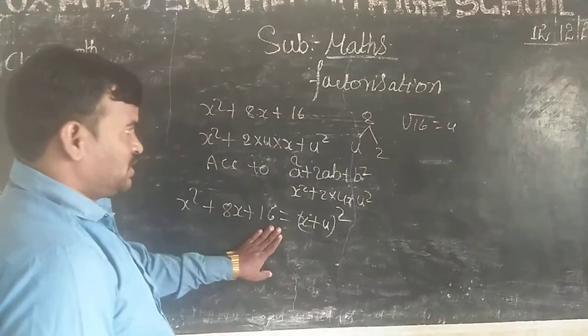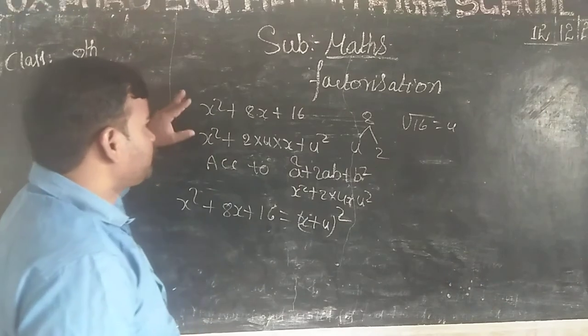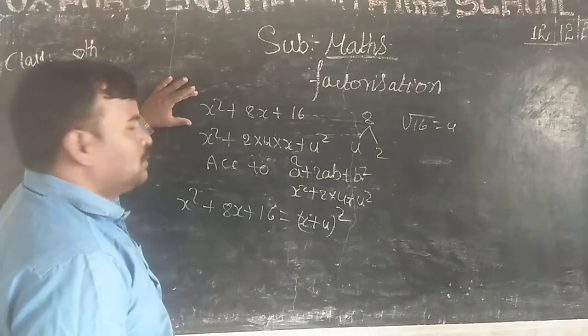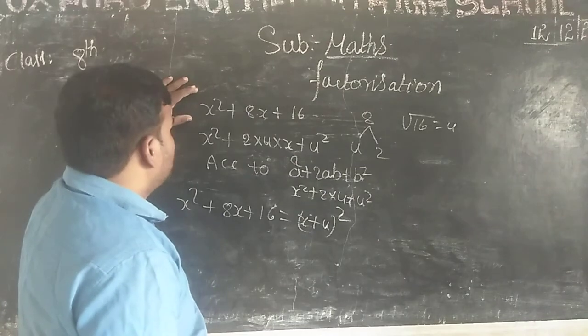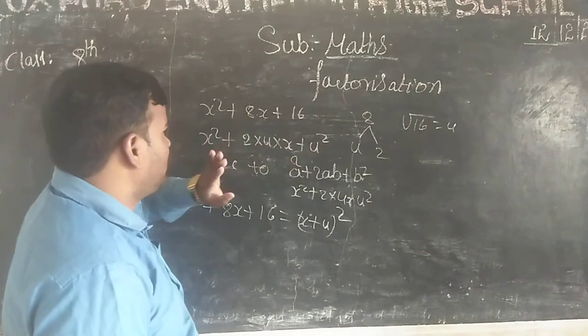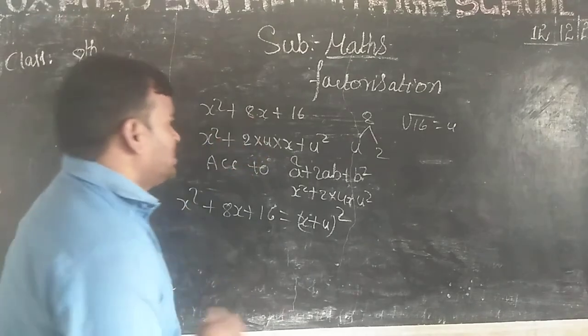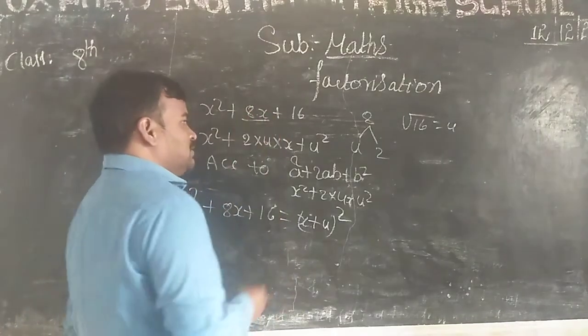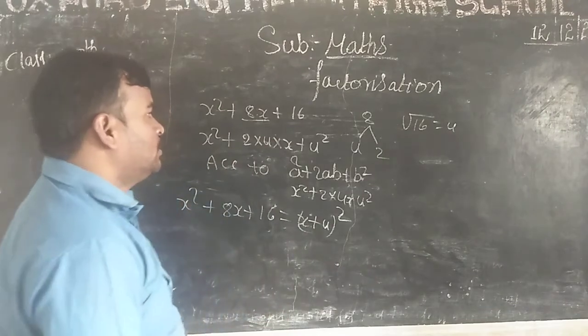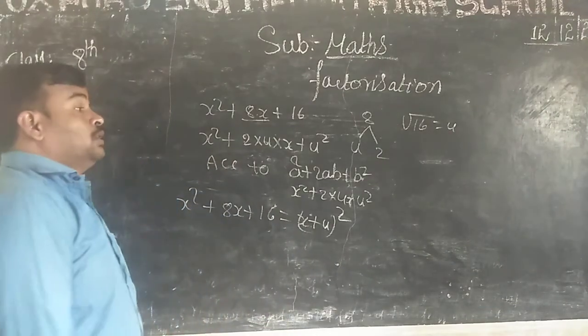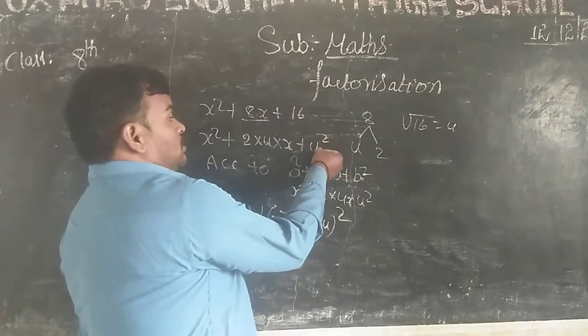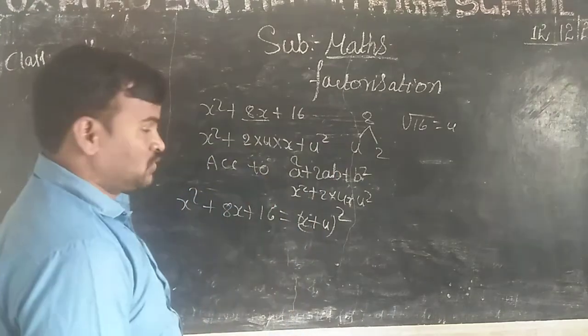I hope you understand. Listen once again. Here the given expression is x square plus 8x plus 16. The middle term 8x is split out as 2 into x into 4. The square root of 16 is also 4, so 4 square.